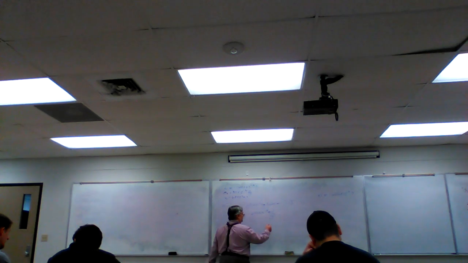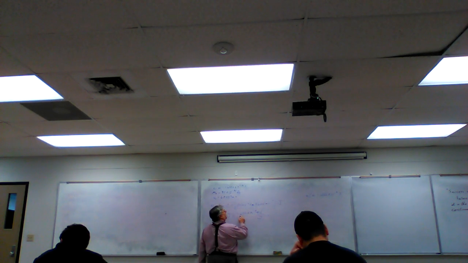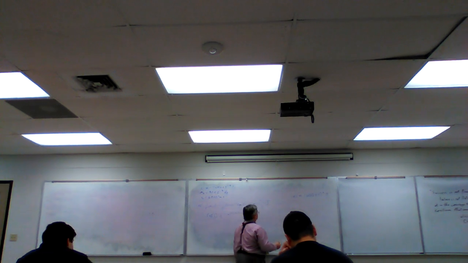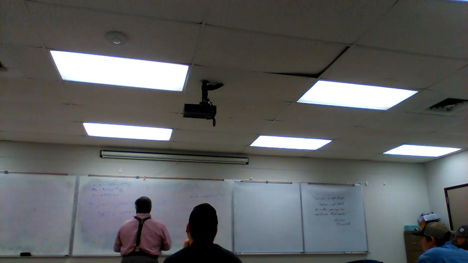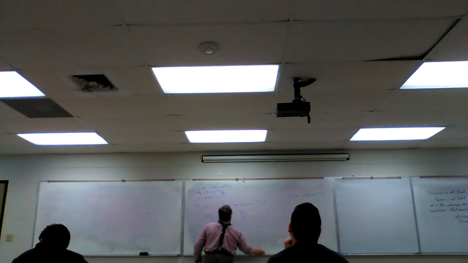And that's why here I multiplied. I guess I did do that. Did I do that backwards? 1 EV is equal to that many joules. So I did it backwards here. You're right.